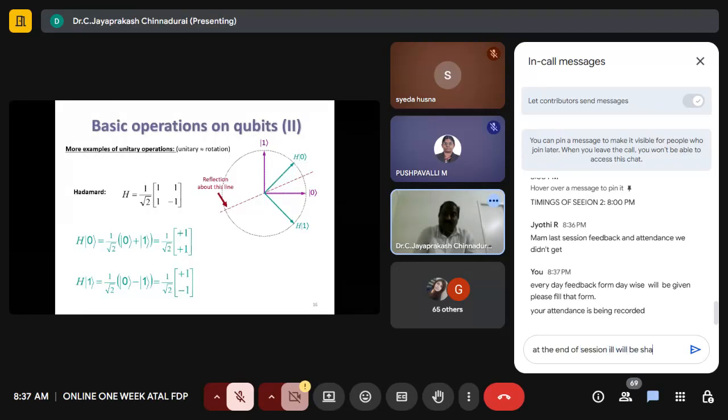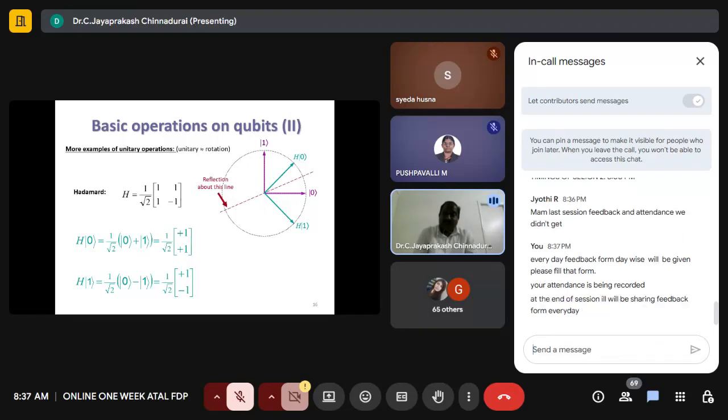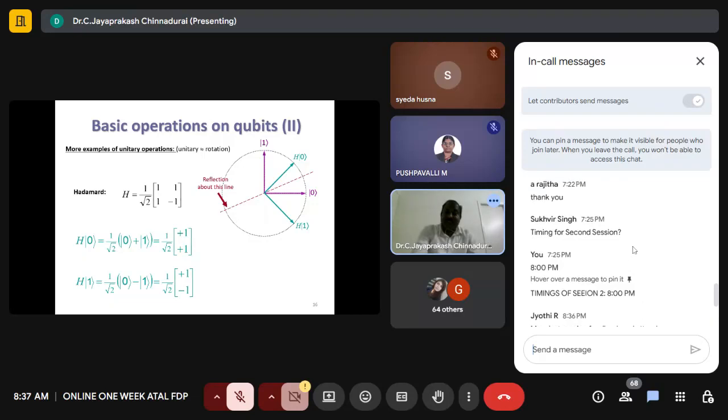So what is the output? The output is 1 by root 2, plus 1 and plus 1. The state is represented like this. When we go for H of ket 1, that is equal to 1 by root 2 into ket of 0 minus ket of 1. So what is the output of this one? 1 by root 2, the state is plus 1 and minus 1. So this is the way we can get the output for Hadamard equations.